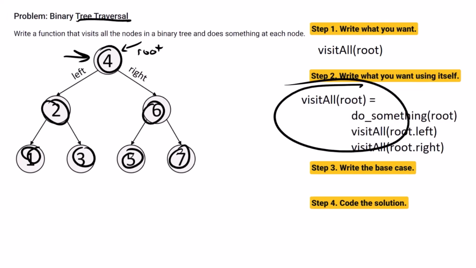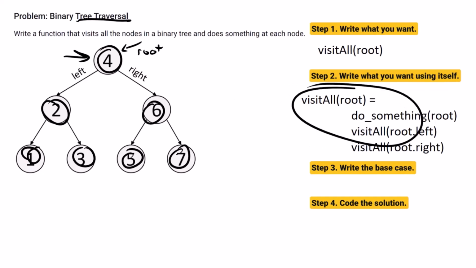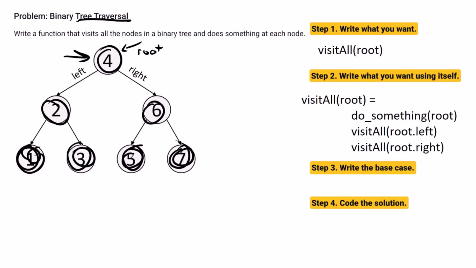So this is the recursion we're going to use, and every recursion needs a base case. So when should we stop applying this recursion? We're going to keep breaking down visit all of root into visit all of its children, so we're going to eventually reach a point where visit all gets called on the bottom of the tree, and then it's even going to get called on null.